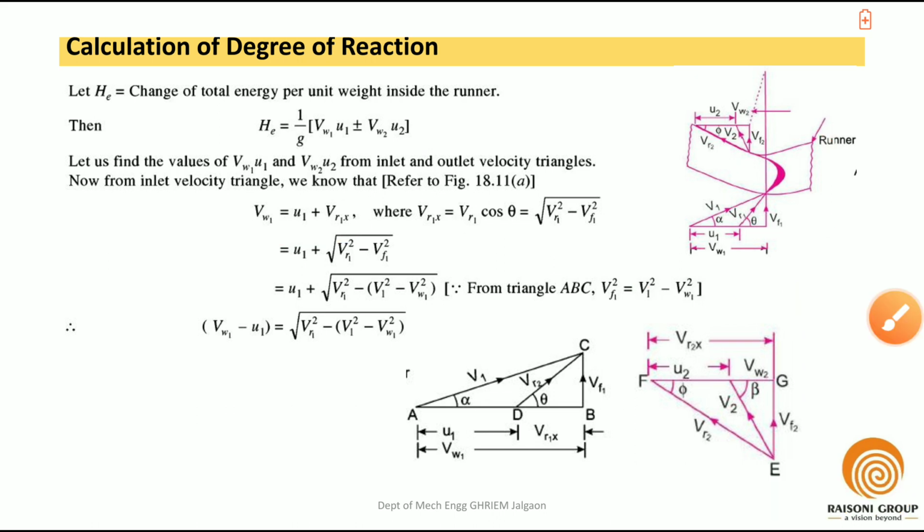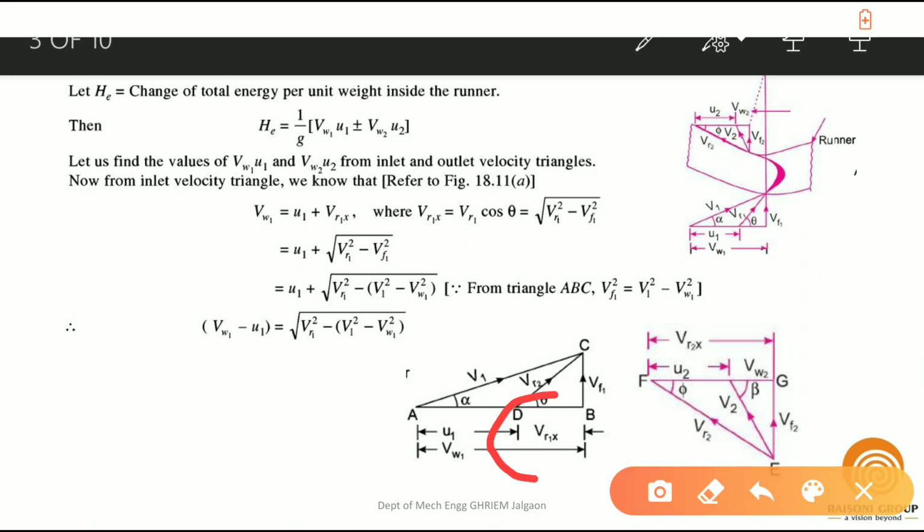Now in this velocity triangle, the two terms are relatively new here. The first one is this Vr1x and the second one is this Vr2x. So these are nothing but the components of the relative velocities at the inlet and outlet in the x direction.